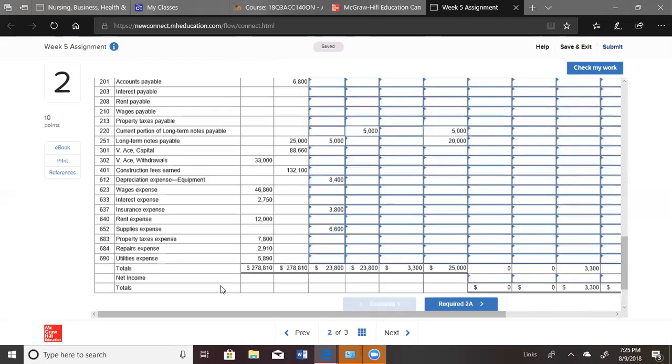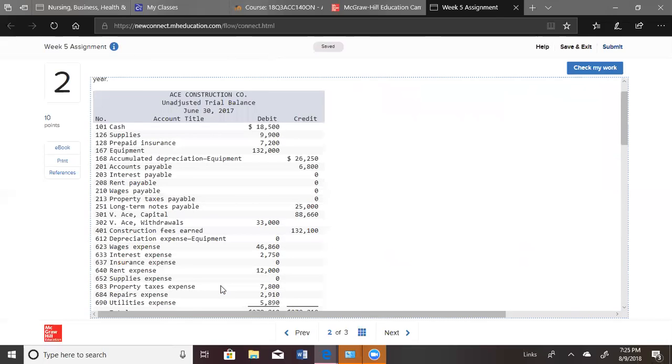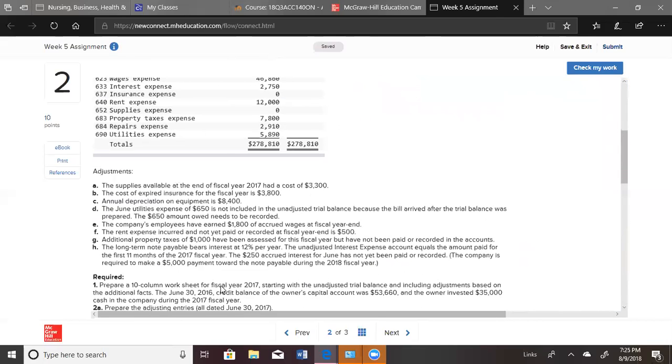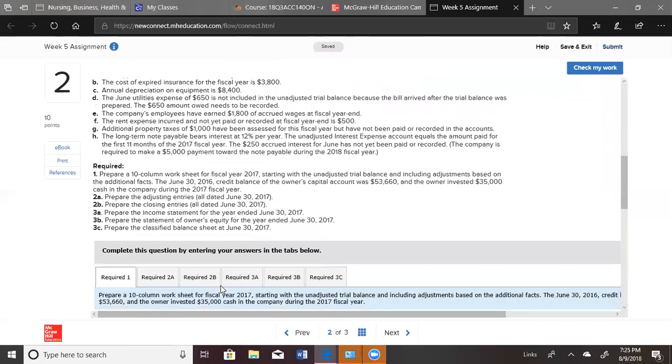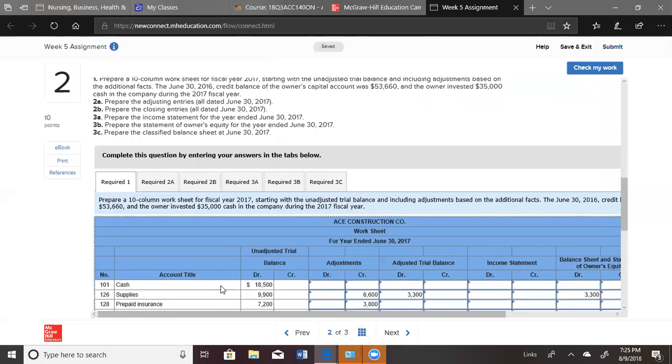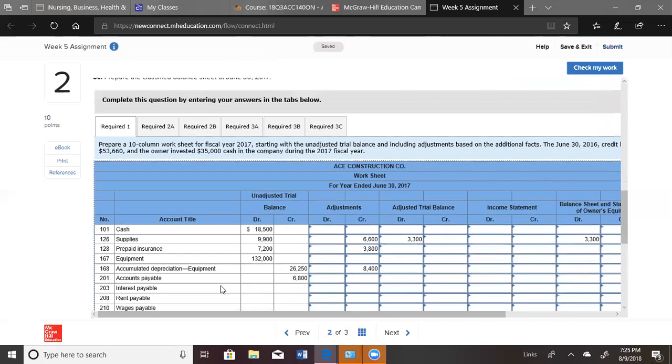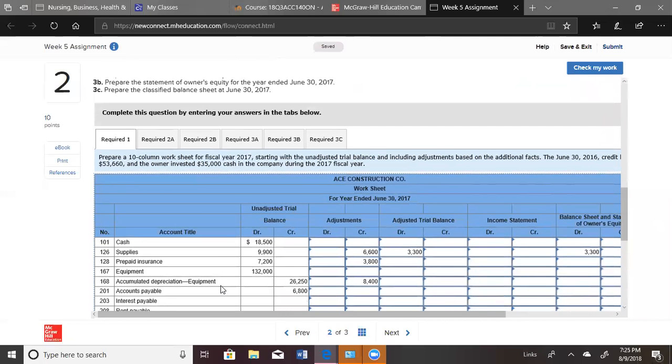Okay, so the journal entries, I think I've got those done. Yeah, you did the journal entries. You just got to move them over to the adjustments column. Yeah, that's the only thing that's confusing me, really.